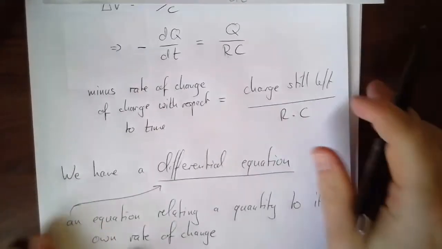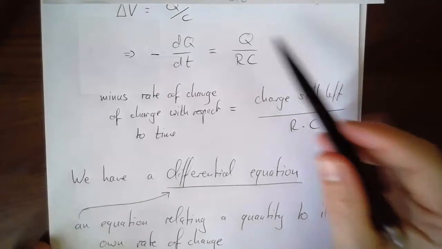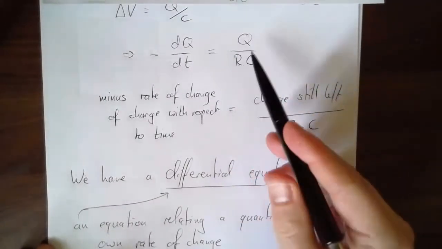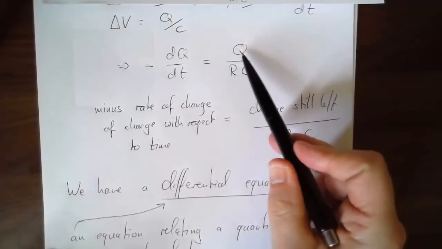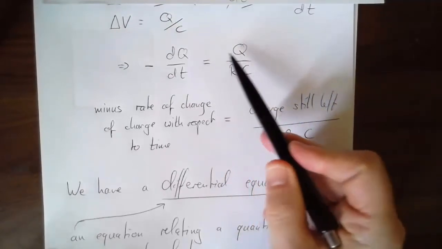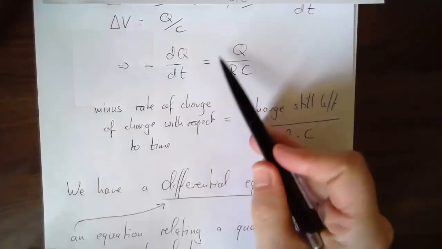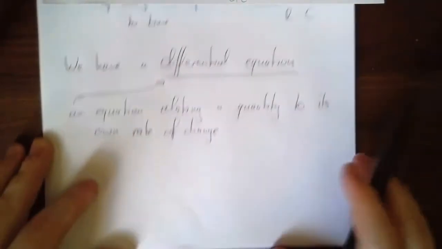So the question becomes, well, we can't solve this just for Q. There's no single value of Q. We can't rearrange this in any way. But we want to figure out what function Q of t, what charge is as a function of time. What's the correct mathematical expression that makes this true?